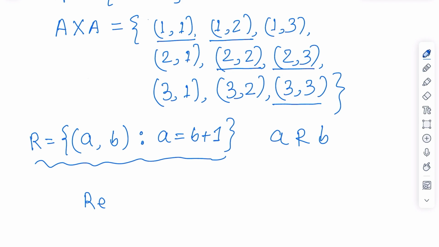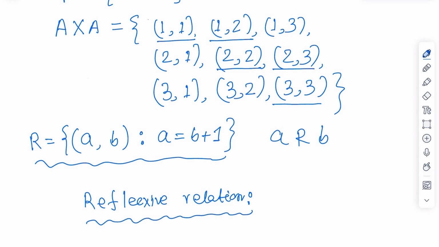For a reflexive relation, what we know is that (a, a) must be present in the relation, for all a belonging to the original set.